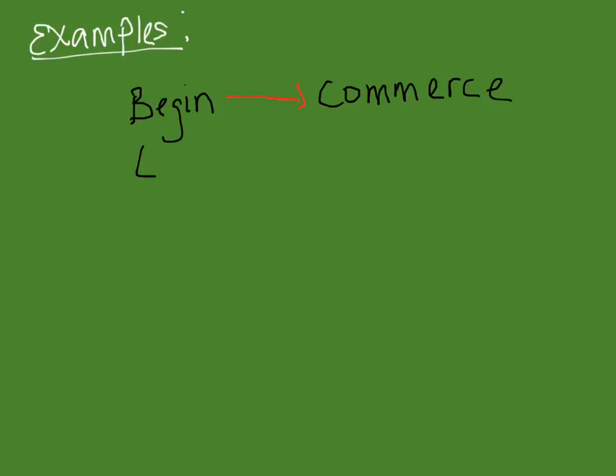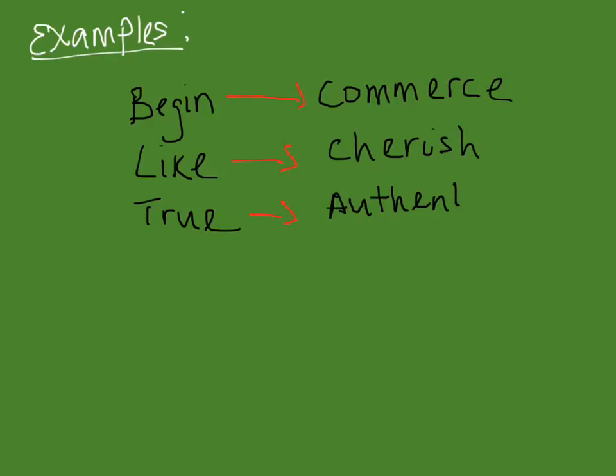Look at these examples. They have other words that could be used to replace them, but they are written differently, they are spelled differently, and they are pronounced differently. Look at these examples. Begin, its synonym commence.